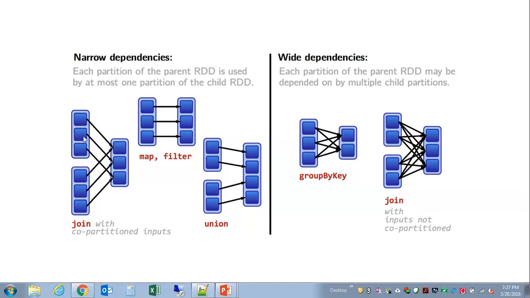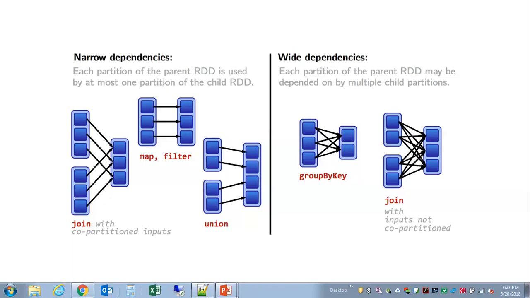Each RDD has three partitions. Now, if an operation or a task happens in such a way that there is at most one partition of the child for each parent partition, then that is a narrow dependency transformation.